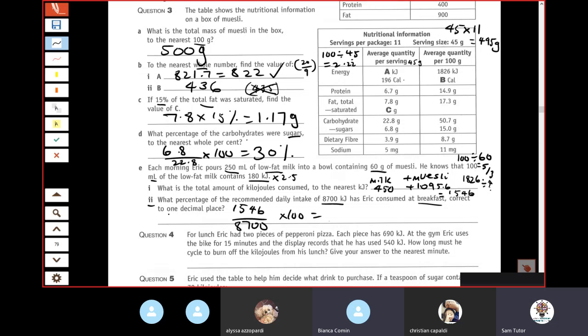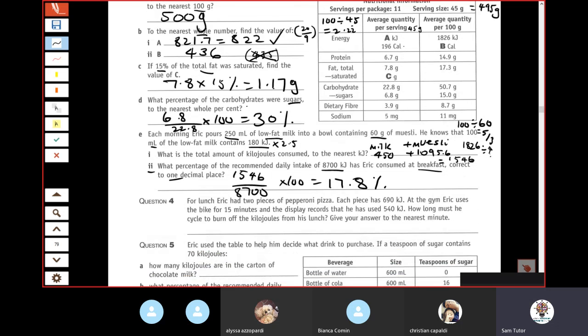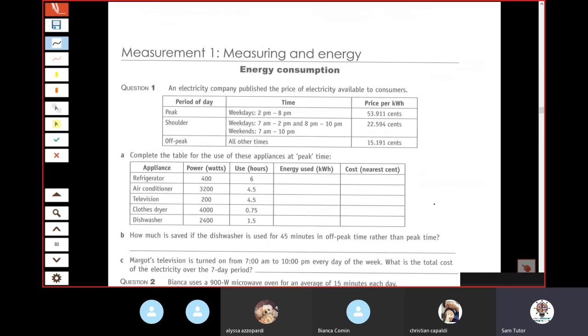It does say to the nearest one decimal point. 17.8%. Any questions there? No? Everybody's good with that? Okay.